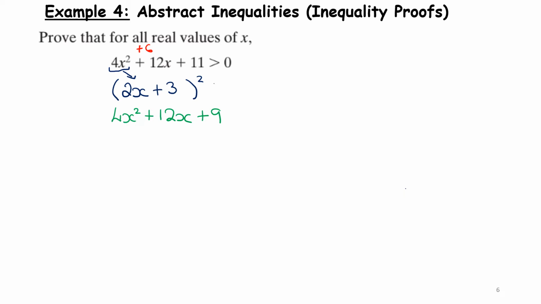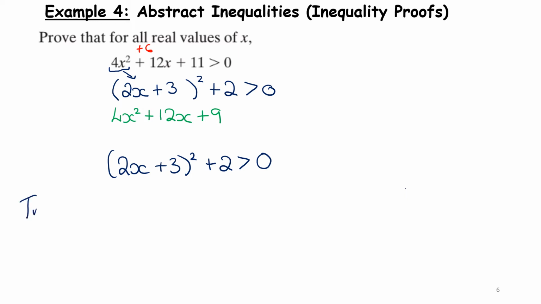So I'll need an extra plus 2 to correct this, greater than 0. So what I'm working with is 2x plus 3 squared, which is definitely greater than or equal to 0, plus a 2. So even if this bracket was 0, it would be brought up to 2. So this is true.